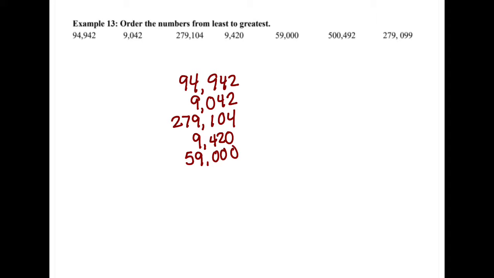Okay, notice I'm lining up the commas, right? Because that lines up your place values automatically. 500,492 and 279,099.